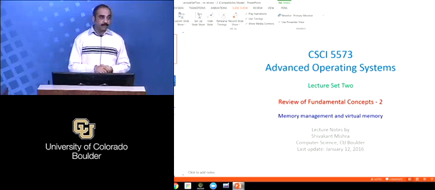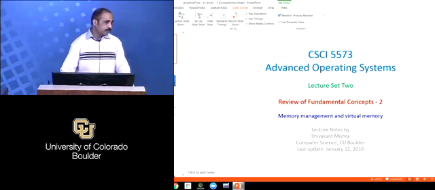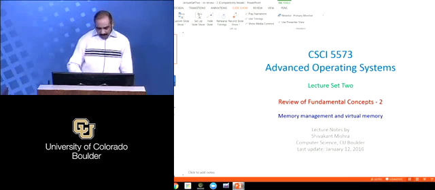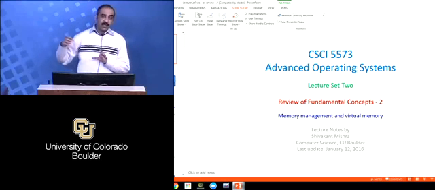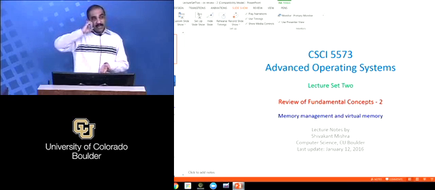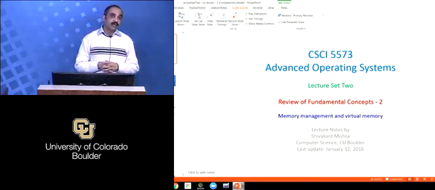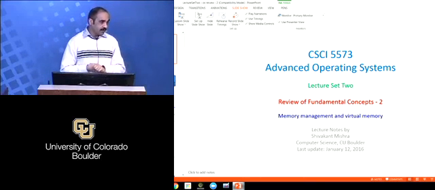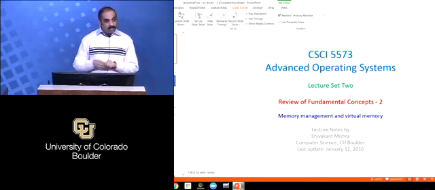Any other question? Can we go over mmap again? I didn't really get what that does. mmap is basically this: you have the virtual memory of a process. An example would be, let's say you want to read a file. The file is on the disk, and you open the file.